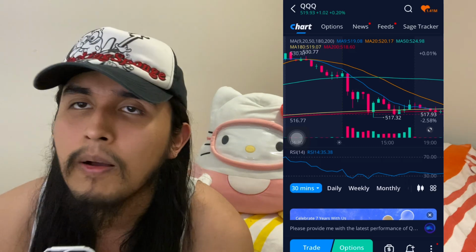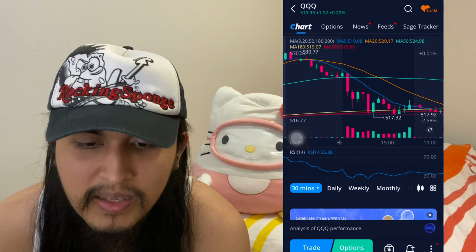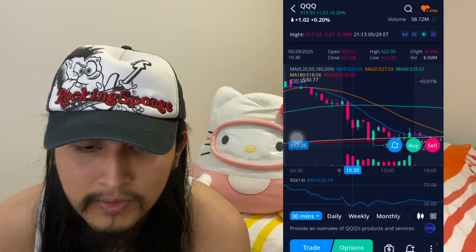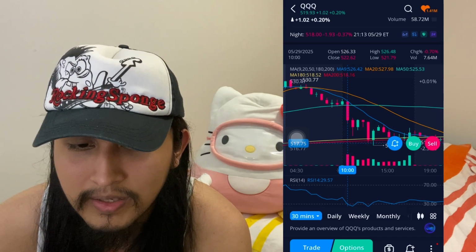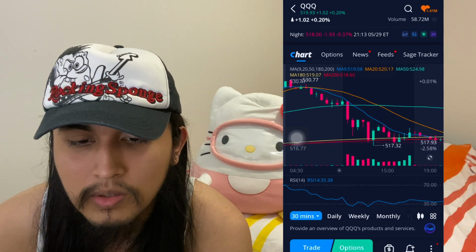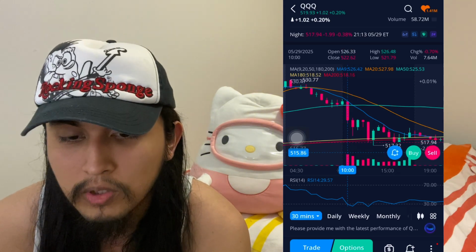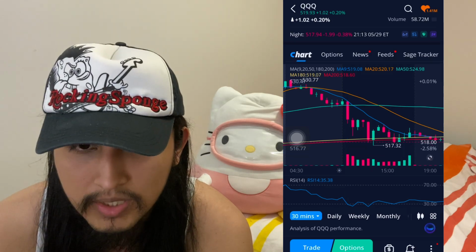So let's say right here you got into QQQ options, and once it approached the 9-day moving average you're waiting for a rejection and it doesn't happen, it breaks the 9-day moving average. The next step would be that I would wait for QQQ to approach the 20-day moving average and wait for a rejection.